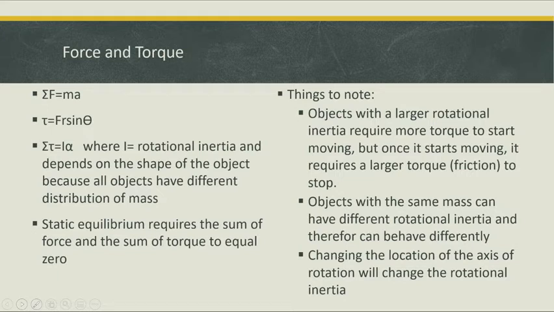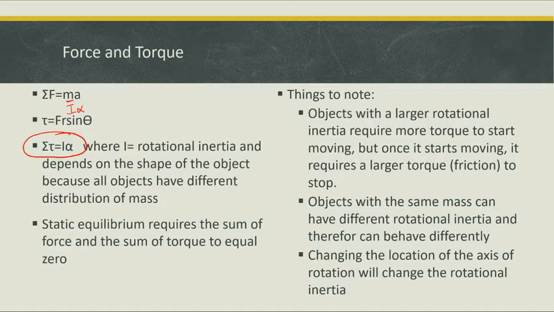Well, the rotational equivalent of mass is I, and the rotational equivalent of acceleration is alpha. So we end up with this equation: the sum of torque is equal to I, our moment of inertia or rotational inertia, times the rotational acceleration, alpha.